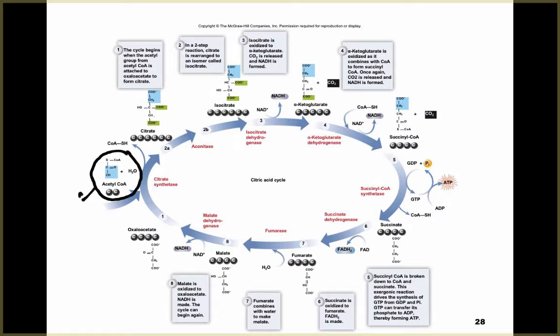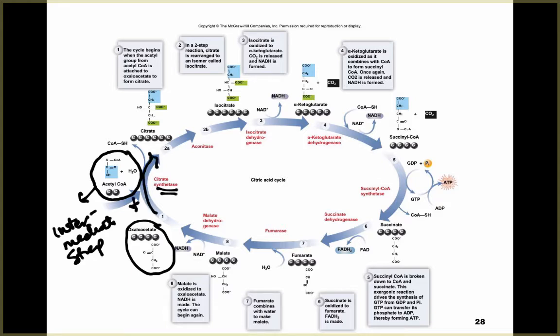This guy is what's coming from the intermediate step. And it's going to combine with what's called oxaloacetate. This is already here, right? This plus this, with this enzyme called citrate synthase, they're going to make citrate. So that's the reaction that's going.